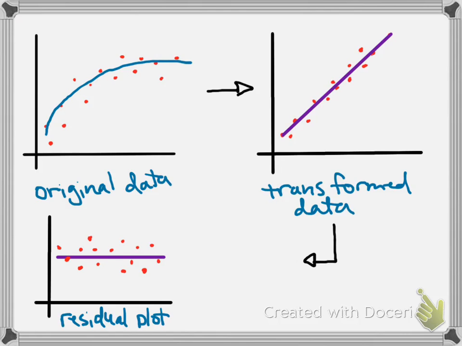So it does look like a linear model would be appropriate. So this is the basic gist of transforming data to achieve linearity. Like I said a moment ago, in subsequent lessons we'll be talking more about how you know when to use a power transformation versus when to use a logarithmic transformation.